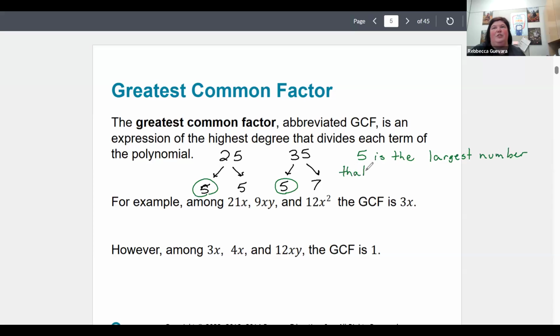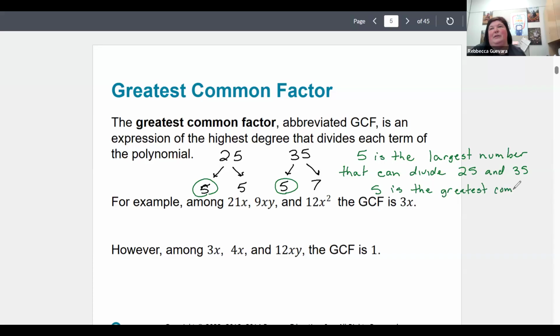So 5 is the largest number that can divide 25 and 35. 5 is the greatest common factor.